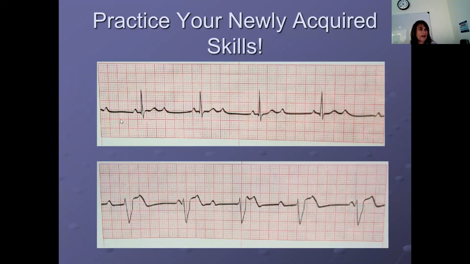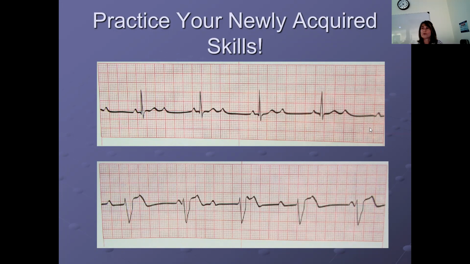All right, so here we have a slow rate, got a P wave, another P wave, P wave, P wave. So we have some P waves that are followed by a QRS, and then we have some P waves that don't have a QRS. Very good. So we're looking at second degree type 2.